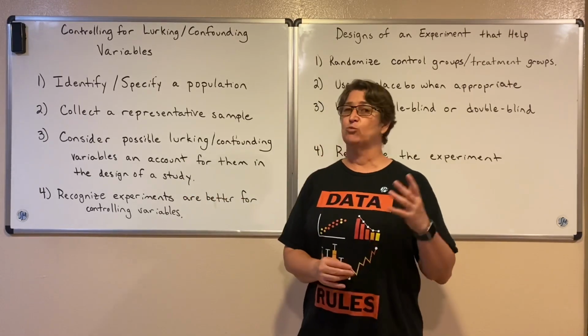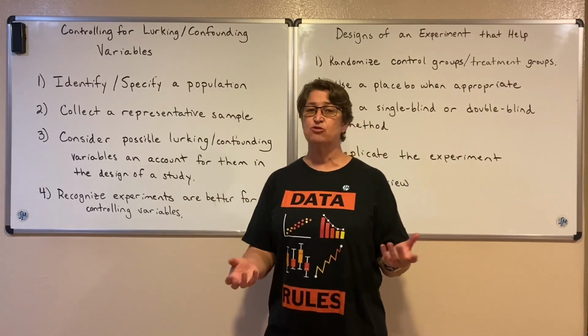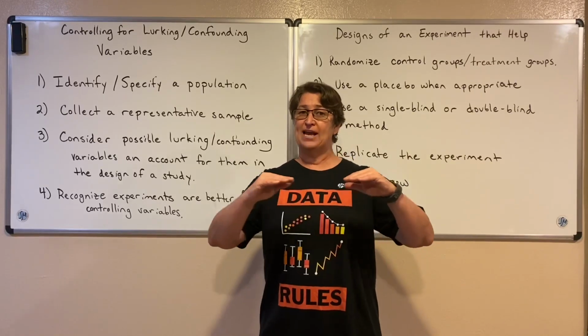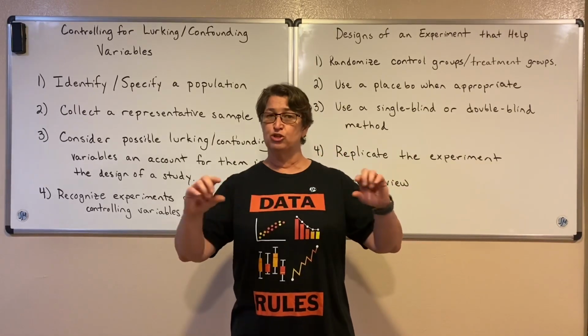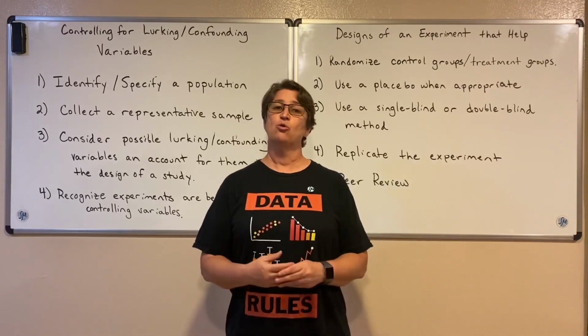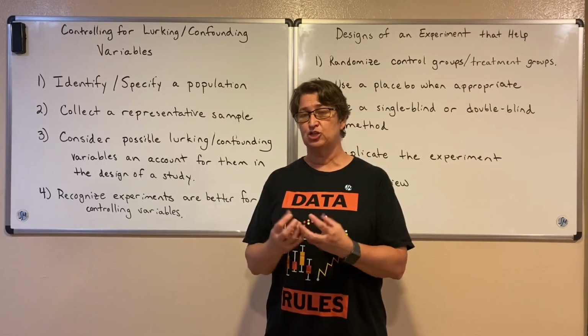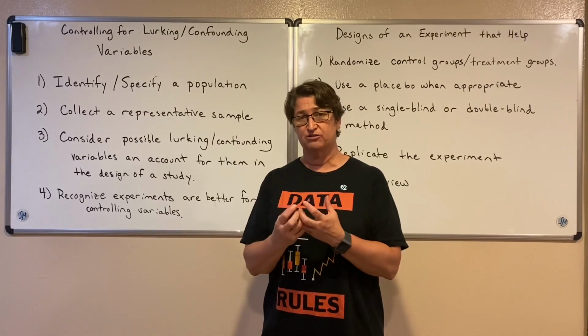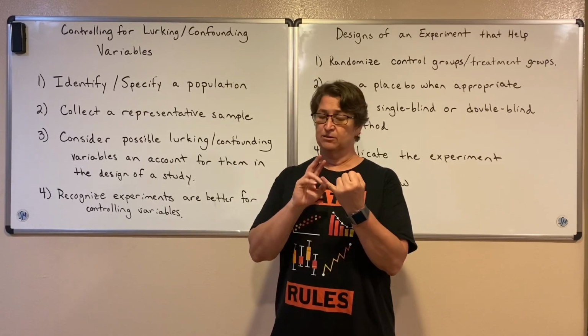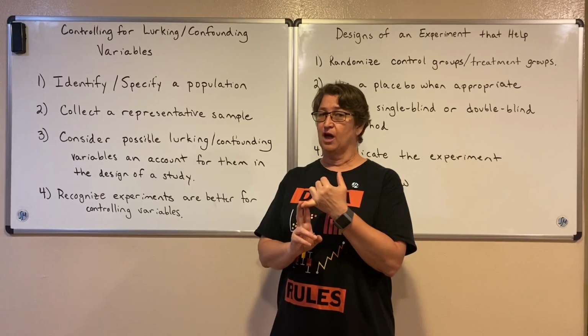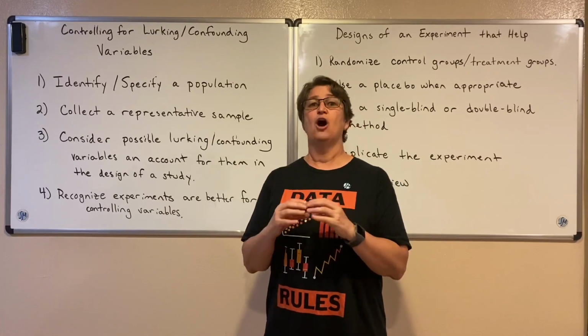Or maybe when we looked at kids and reading levels, the financial ability of all the students should all be the same. So we need to take that into account when we collect our sample. We're trying to collect a sample that is similar all the way across.